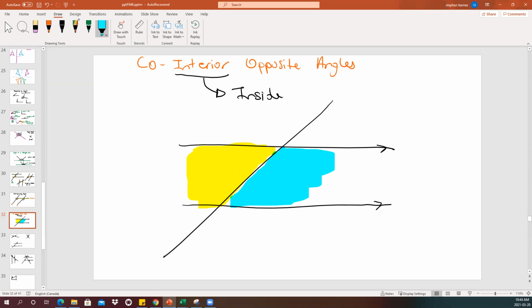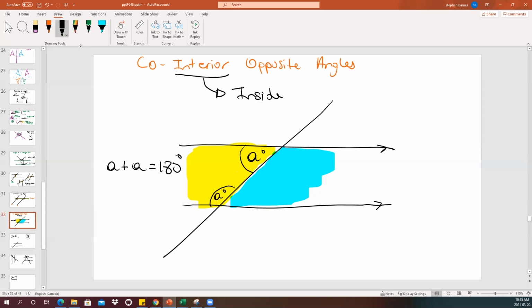All right. So the rule says now that co-interior angles, if you add them, they're equal to 180 degrees. So if you have co-interior angle A here and co-interior angle A there, right? These are two angles on the inside. They're equal to 180 degrees. So A plus A is equal to 180 degrees.